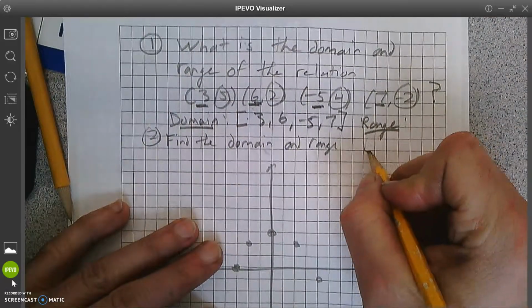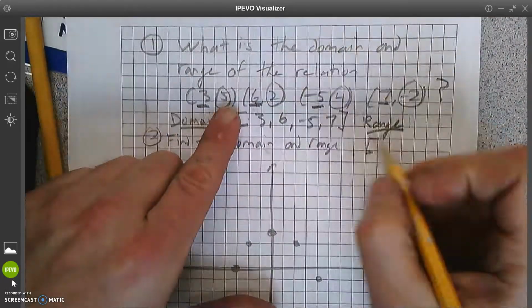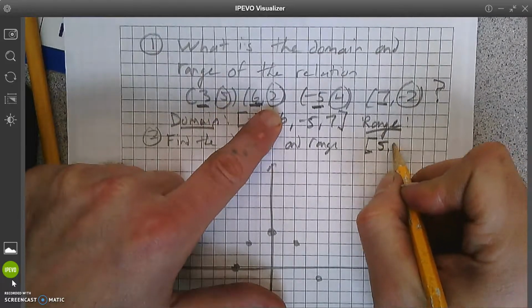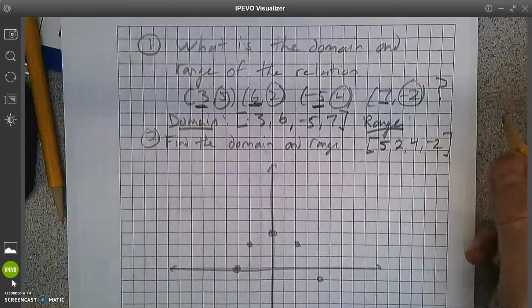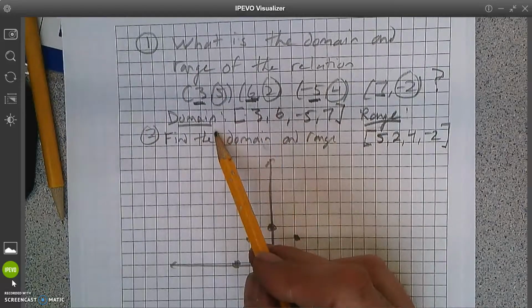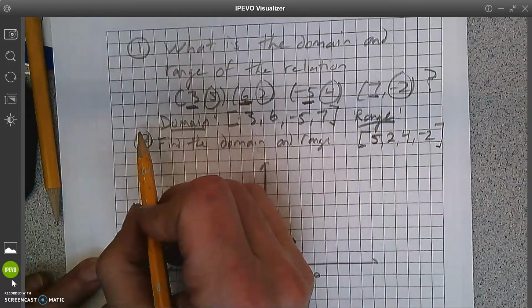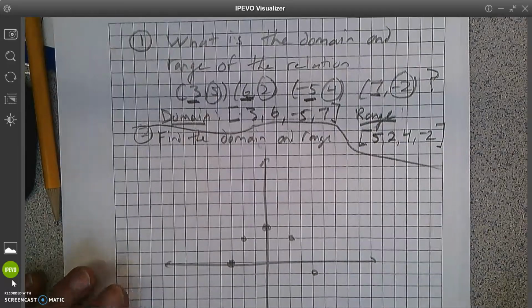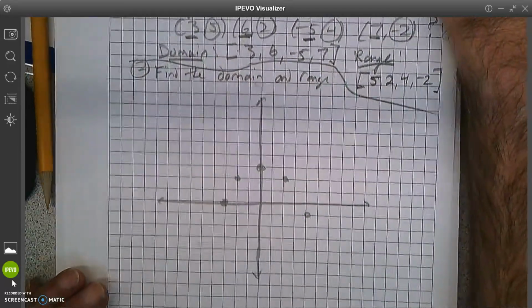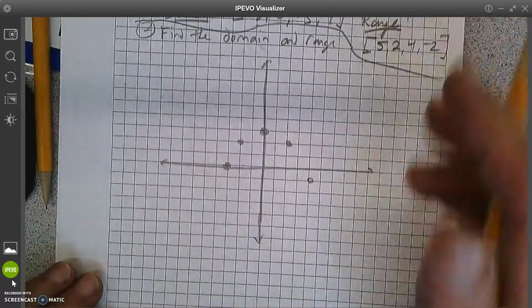So that's going to be 5, 2, 4, -2. There we go. So domain, all the x values, range, all the y values. Nice. Okay. But that's pretty easy, but it's not always as straightforward as it seems.